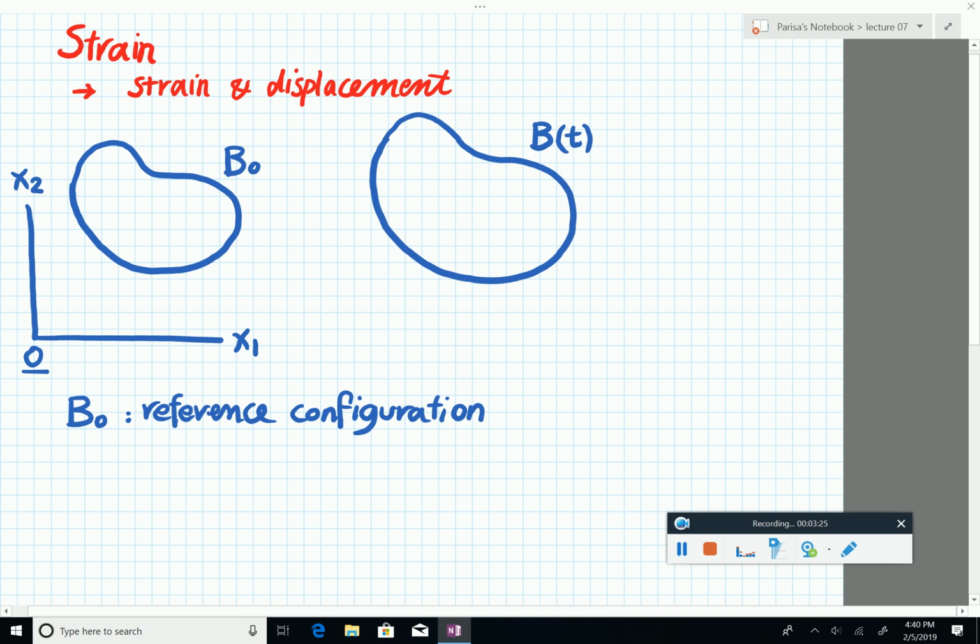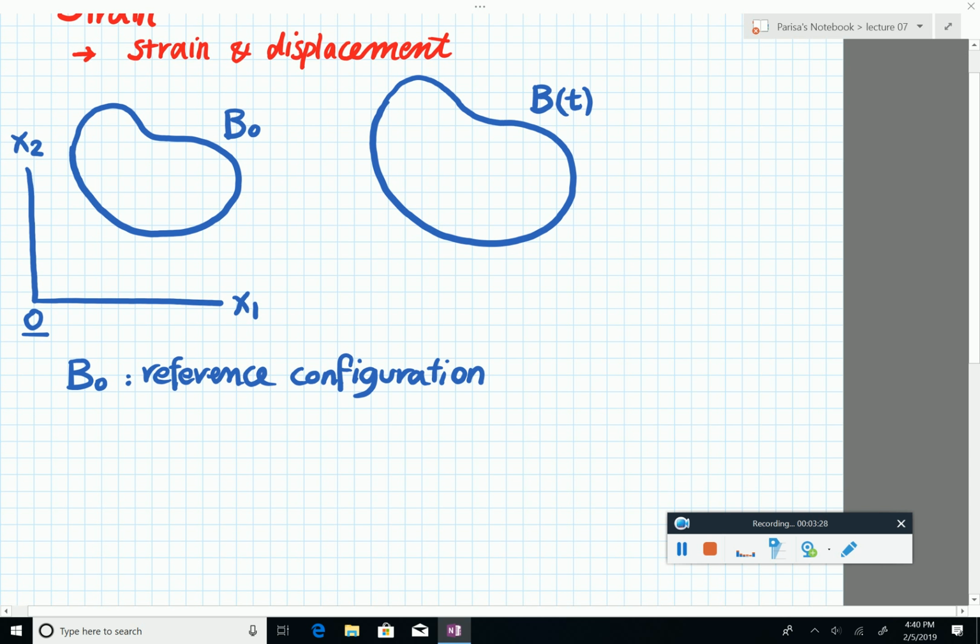That's the current configuration. So this is the current or deformed configuration.